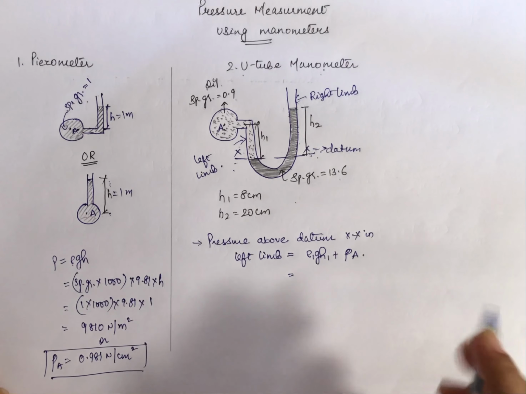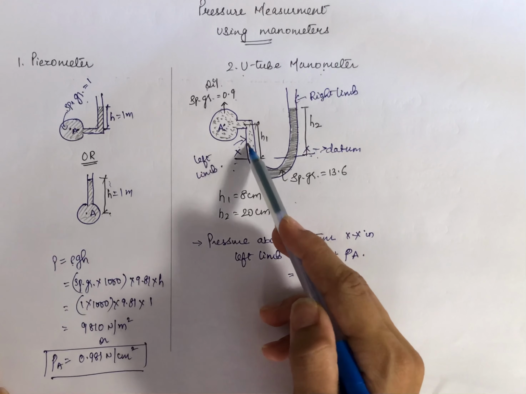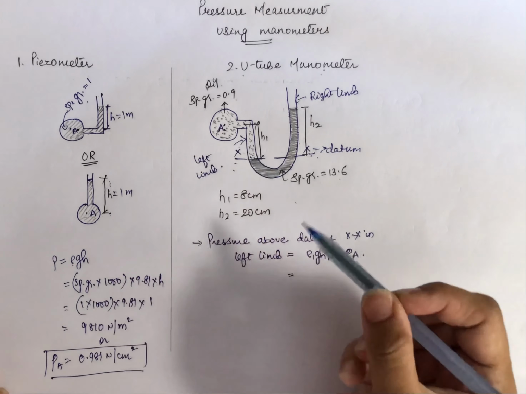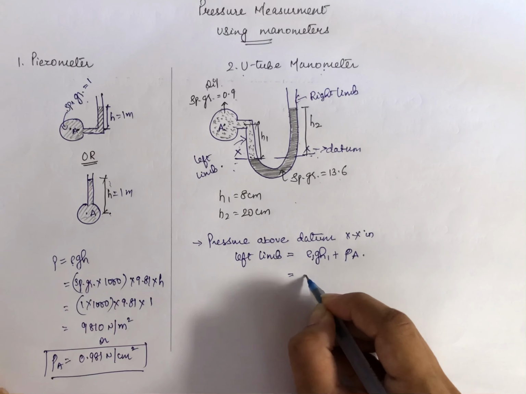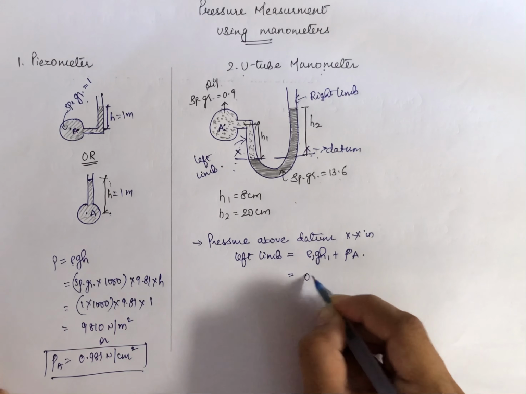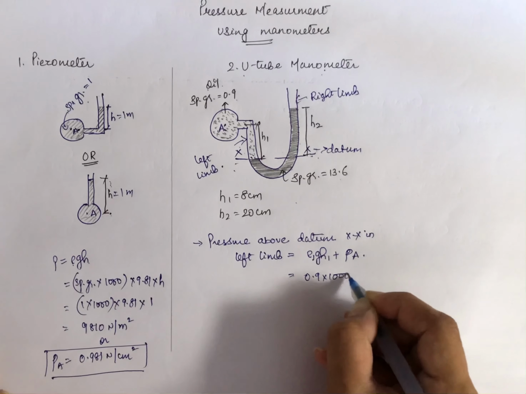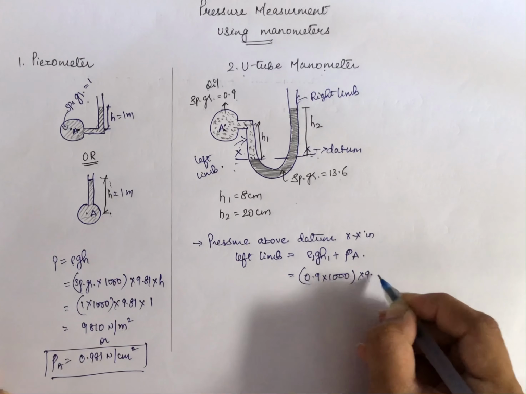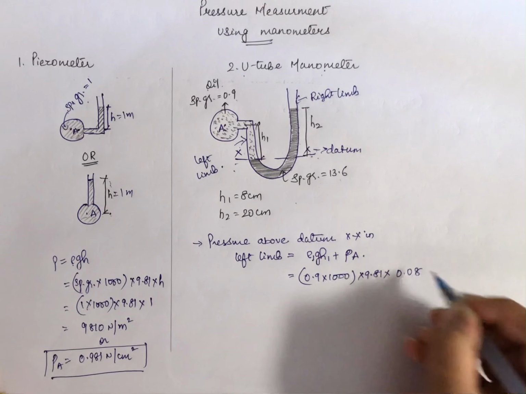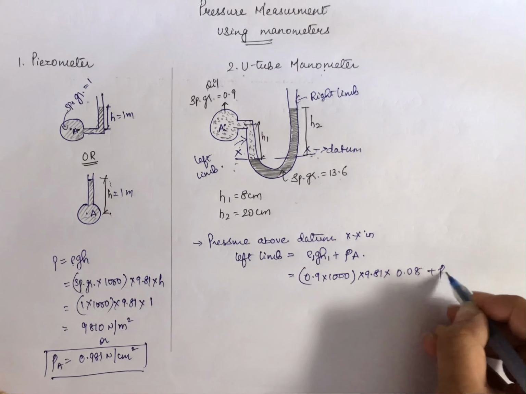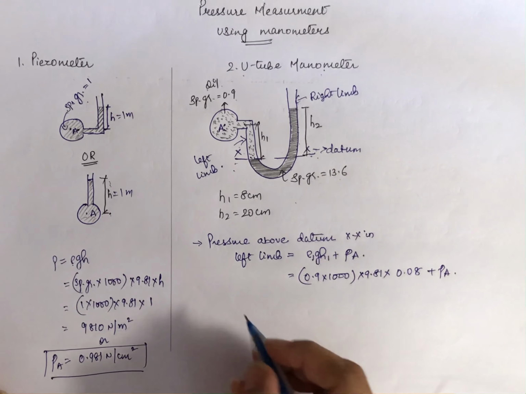That is the density of fluid in the left limb, and in the left limb oil is present. So for the density of oil I will write specific gravity into 1000, that is 0.9 into 1000 into 9.81 into H1, which is 8 centimeters, so 0.08 meter, plus PA.